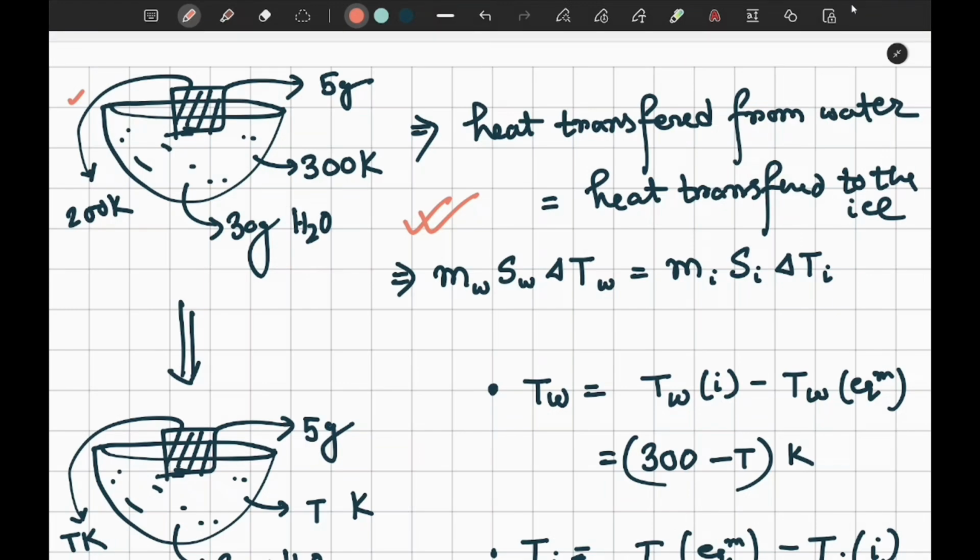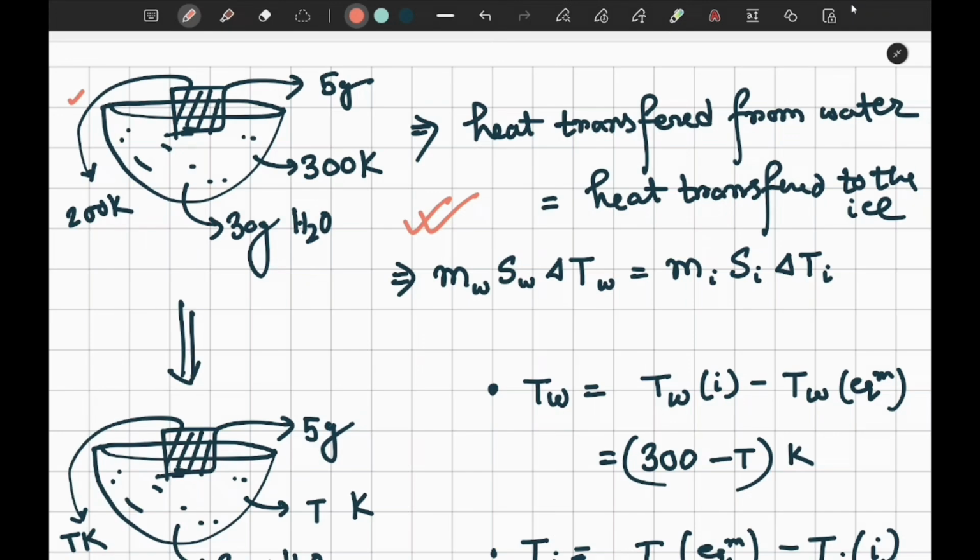Just imagine: the temperature of the water will decrease because the heat is transferring from the water. That is clear. But what will be the fate of the ice? That is important to understand here. First, the temperature of the ice will increase. Then the ice will change to water. Then the temperature of that water will also increase. So you have to consider it like that.